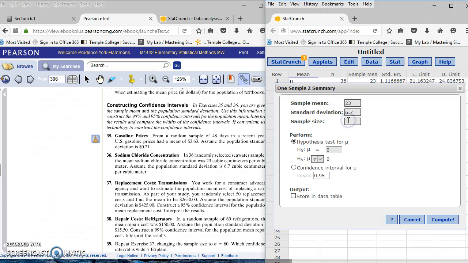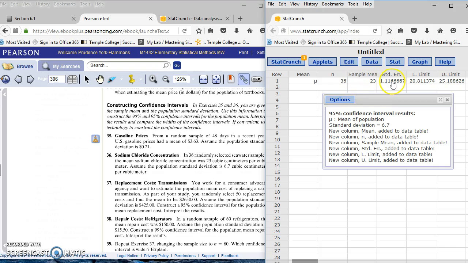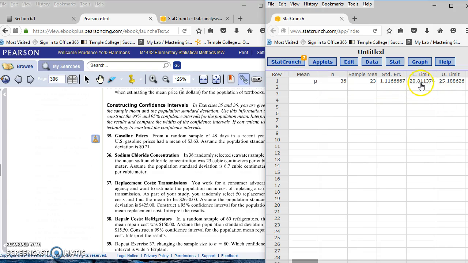I took 36 samples. And again, we're doing a confidence interval, but this time it is 95, I'm sorry, 0.95. I'm going to store it in the data table and compute. And you can see that it moved this over just a little bit. And this is my 95% confidence interval.